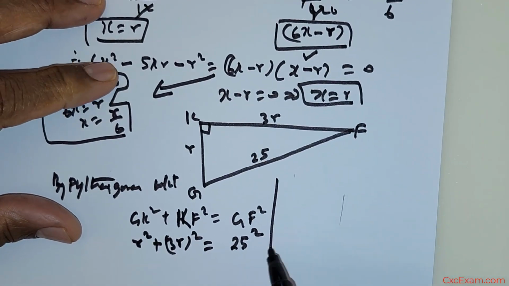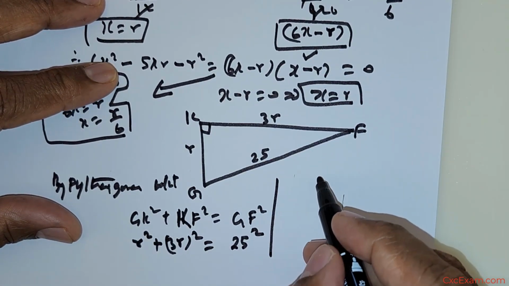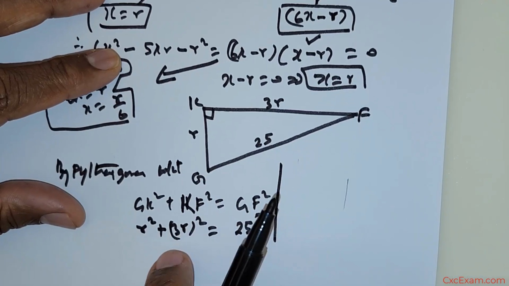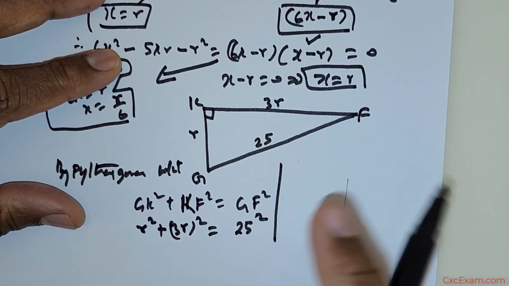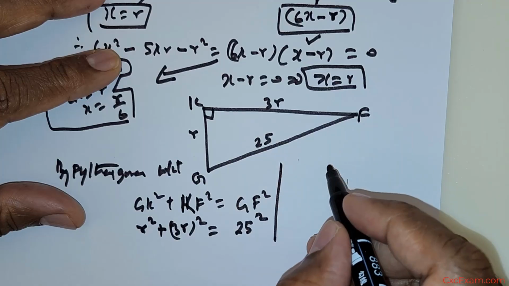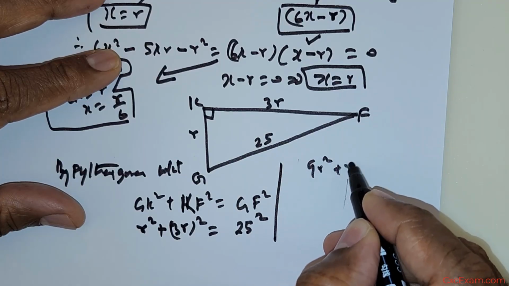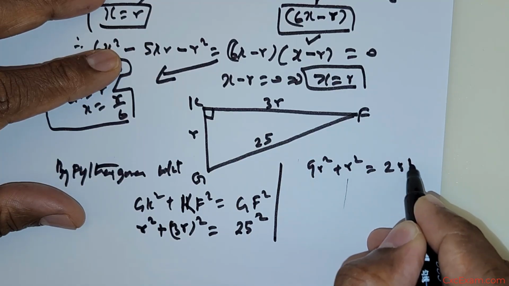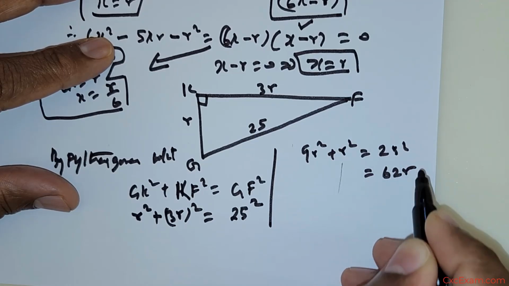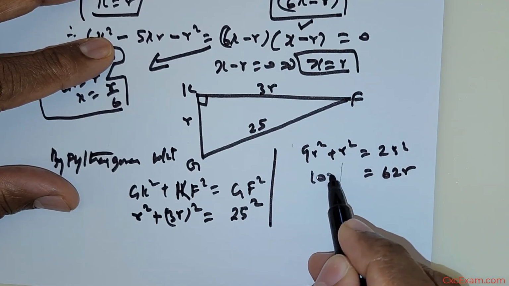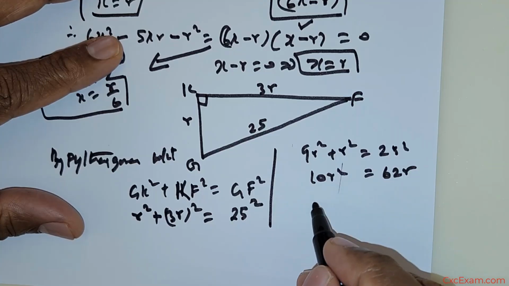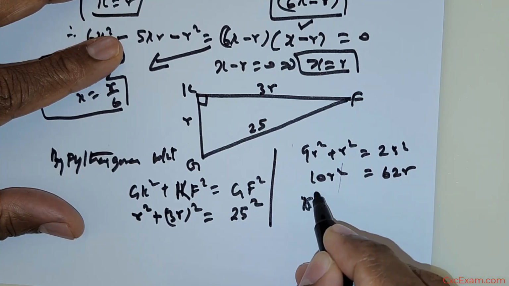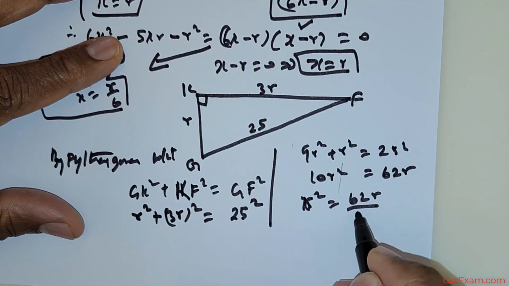I'm going to use this space here. So this is going to give me (3r)², that's 9r², plus r² is equal to 25², which is 625. And this is 10r². So r² is equal to 625 divided by 10.